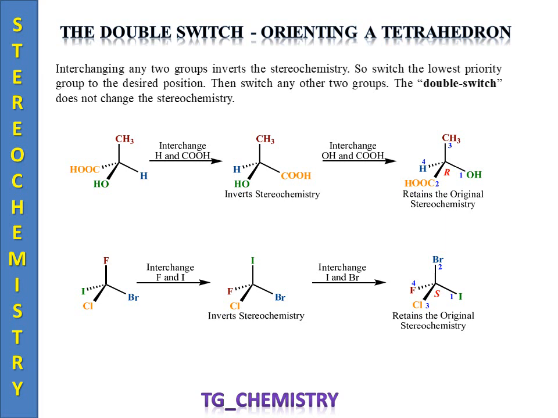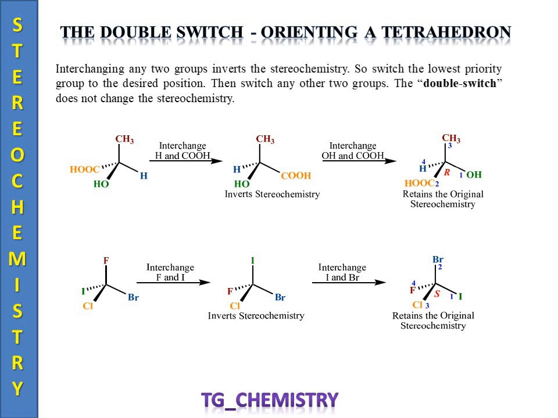For example, there are 2 examples here. In the first one, you can see a hydrogen atom and carboxylic acid group. The hydrogen atom is on the plane of the page and the carboxylic acid group is in the back. So we first interchange hydrogen and COOH. This will invert the stereochemistry and you get the structure represented in the middle of the first row. Then any two groups can be interchanged, and for example we switch the OH and COOH.